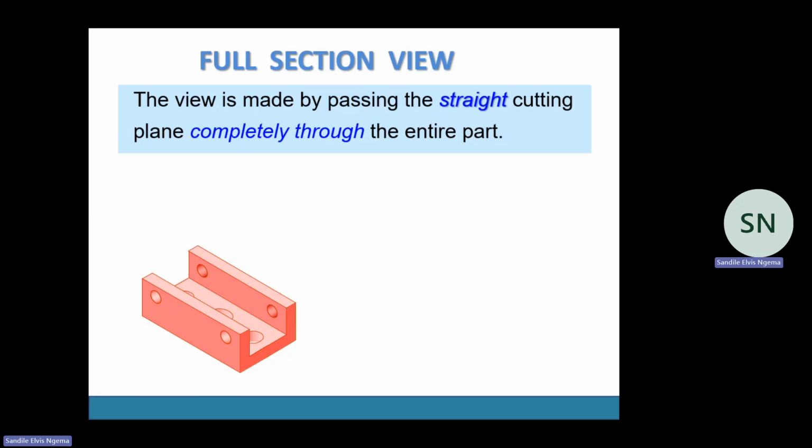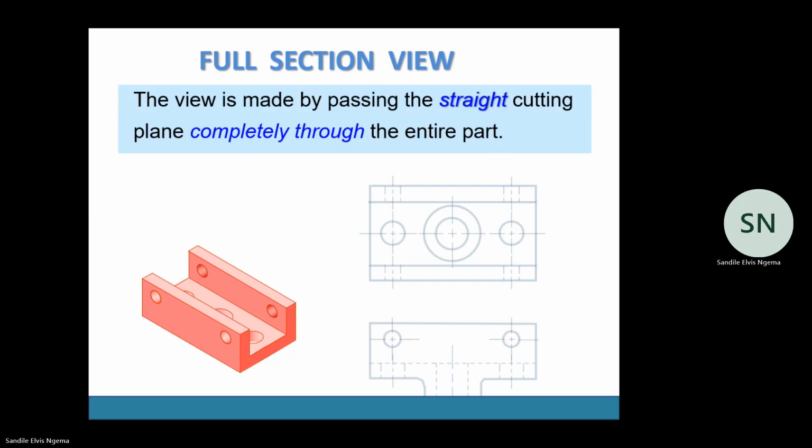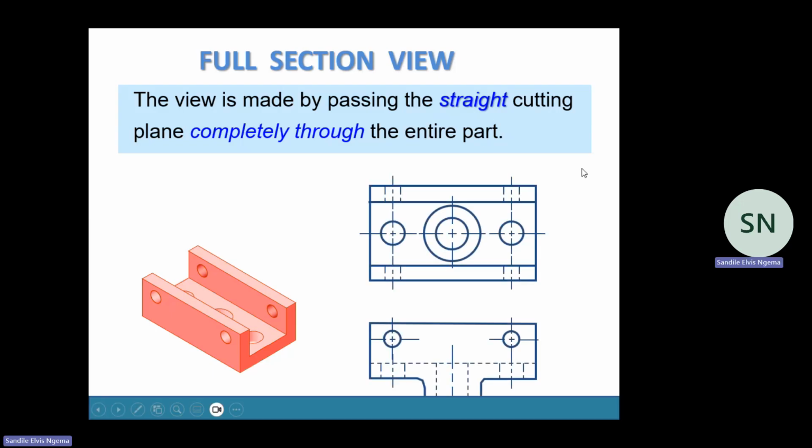I've just done this 3D to make it easy for you to understand, so that you can relate three-dimensional and orthographic projection. Now we've got our top view of this 3D and we've got our front view of this 3D. All right.